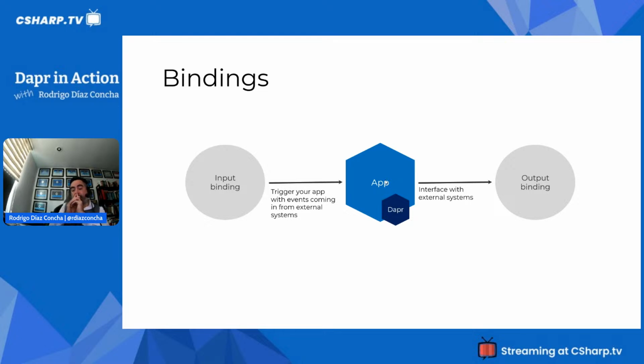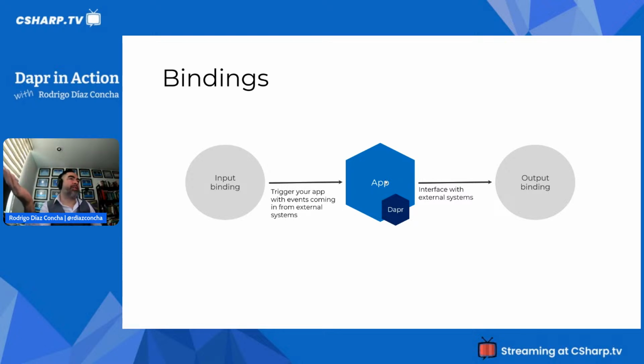This is just a way for creating event-driven applications, since an event is triggering your application or microservice, and then your code is reacting, your code is running, and you can interface your application with other external systems.